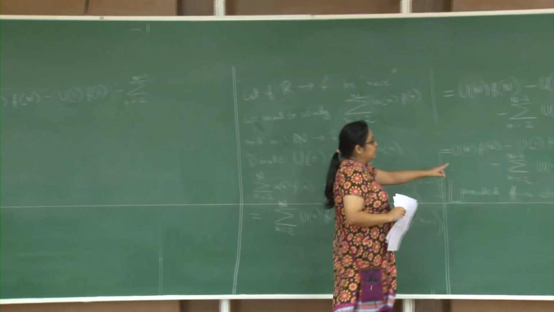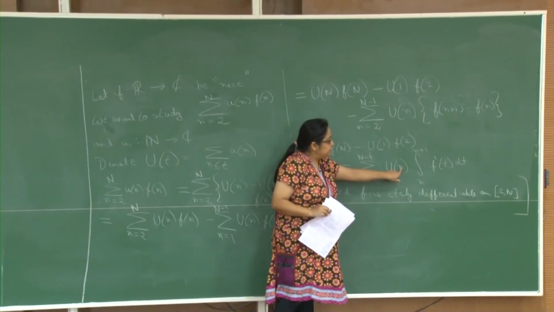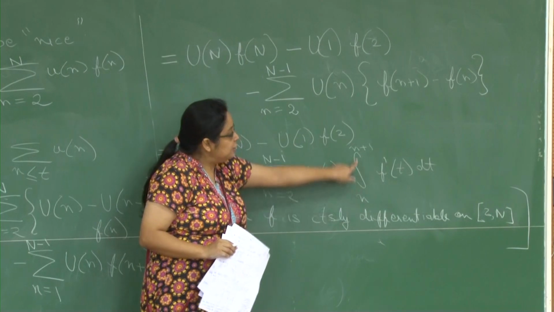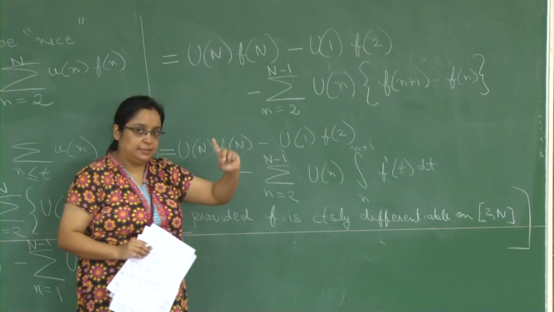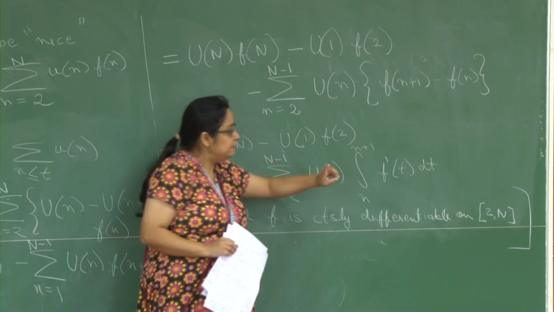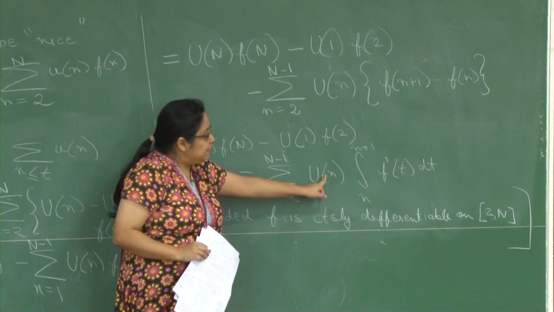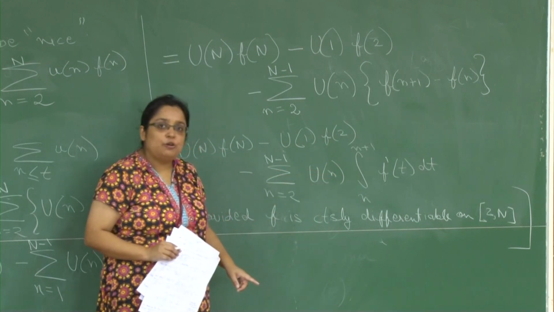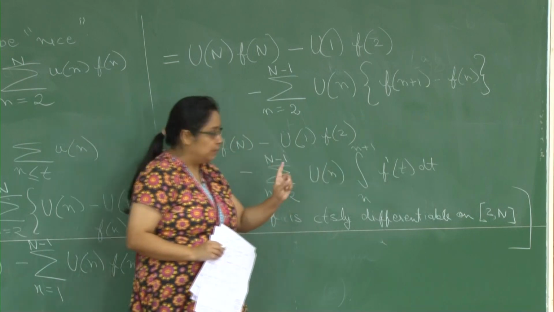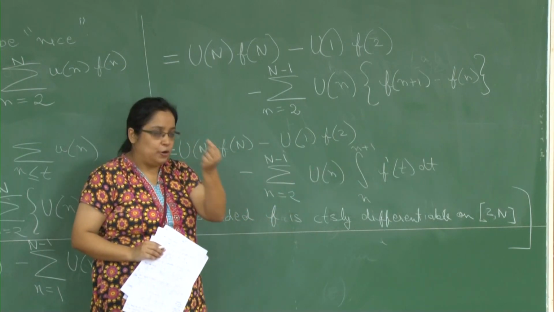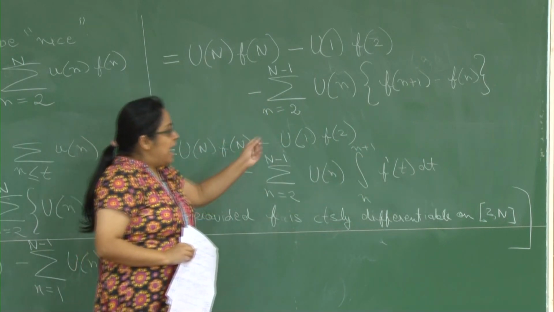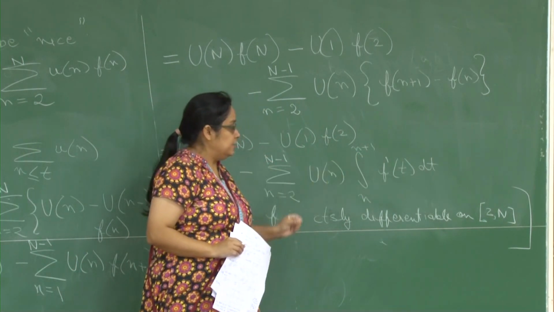Notice that capital U of n remains constant in the interval n to n plus 1, open at n plus 1. So, for any t lying between n and n plus 1, capital U of n is equal to capital U of t. The only problem is when it hits n plus 1, that is just one point in this domain of integration, and so it will not affect our final result.